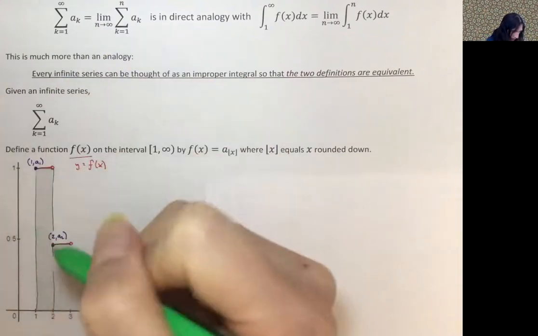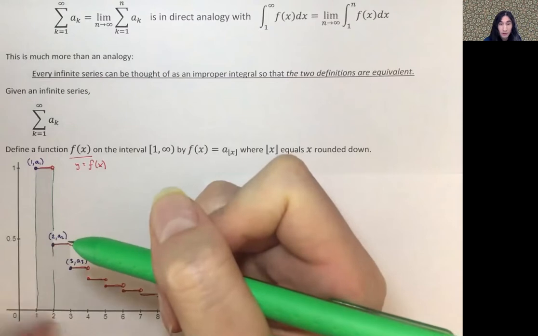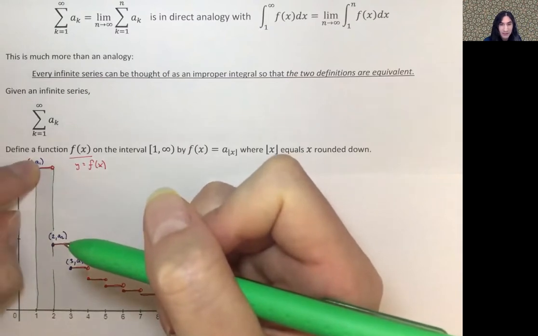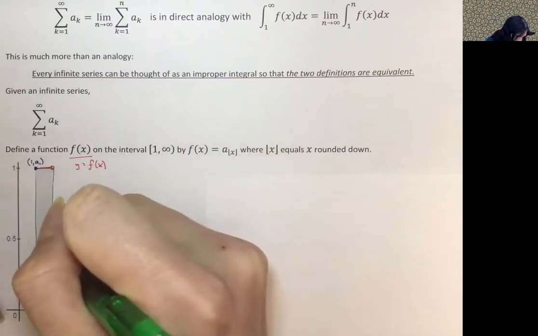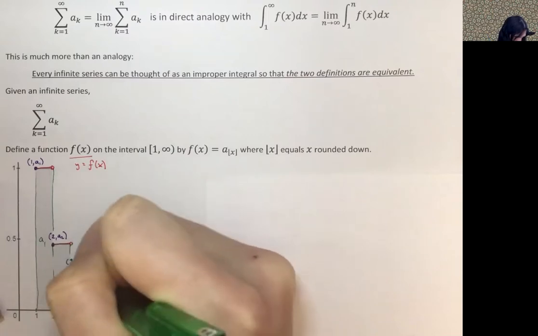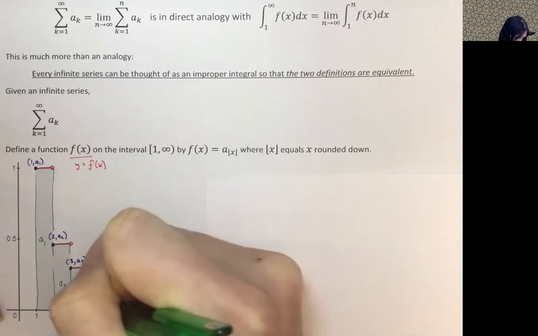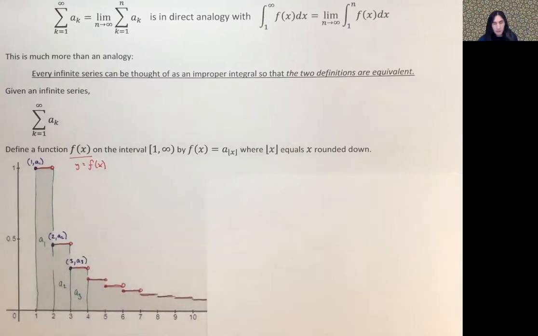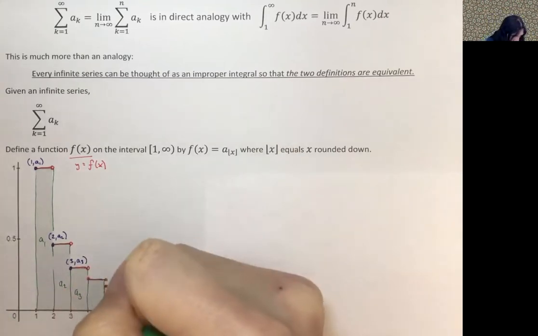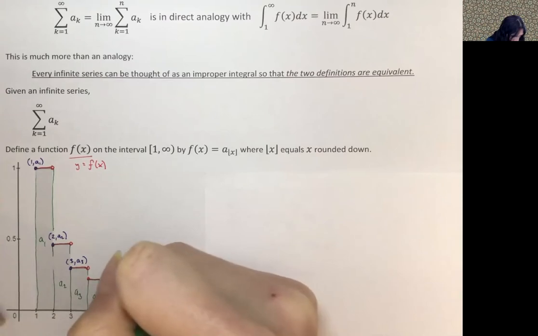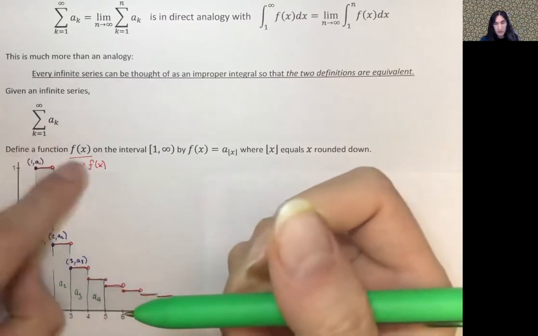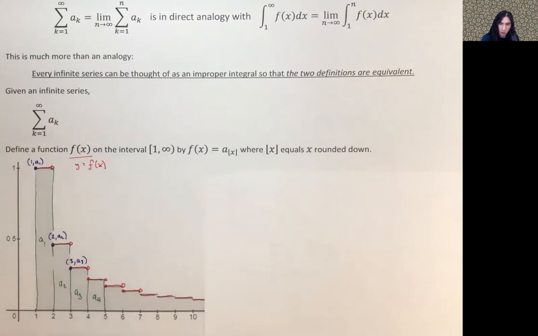The area of this rectangle is its width times its height, and its height is a1, so the area is a1. Here we have an area of a2 in this rectangle, and here an area of a3. So if I sum up all the terms of my infinite series, taking the limit as we add more and more terms, then we're doing the exact same thing as adding up area under this curve.